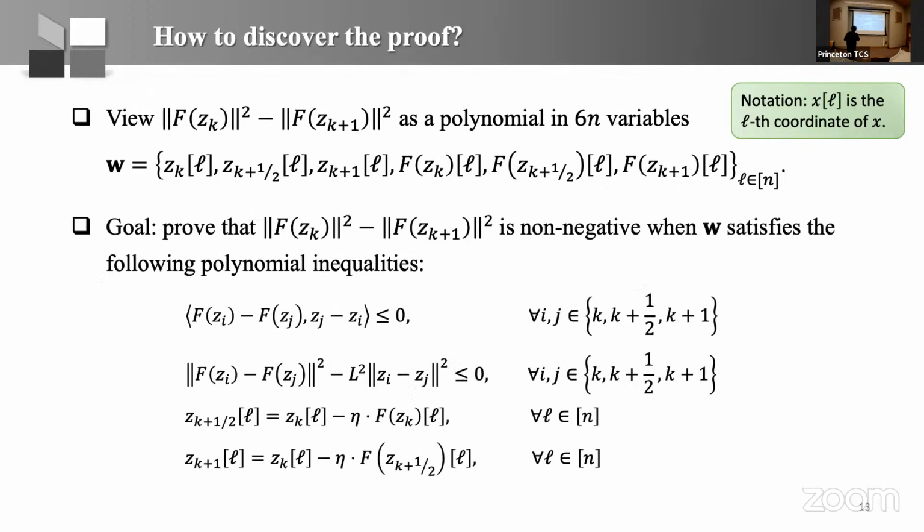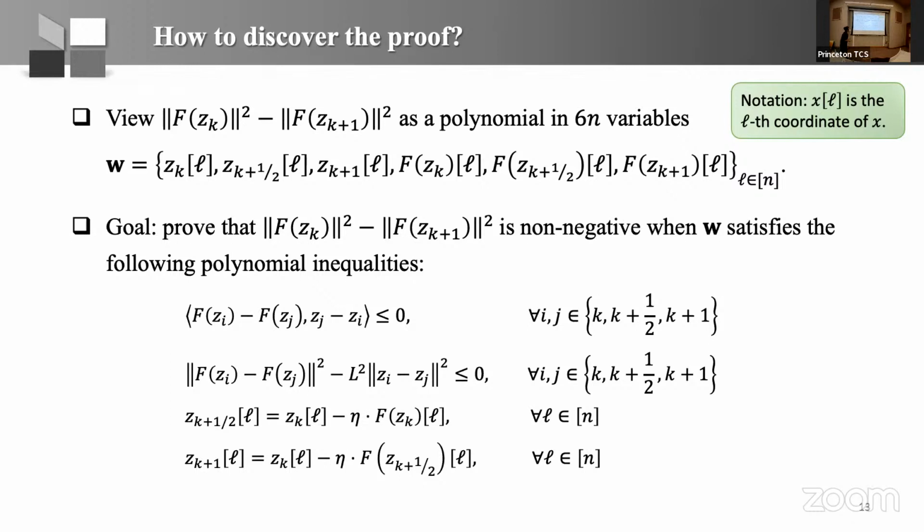The goal is that I want to prove this polynomial, which is the difference of these 2 gradient norms, is non-negative. Of course, there are some constraints that these variables need to satisfy, just because these things come from an algorithm.